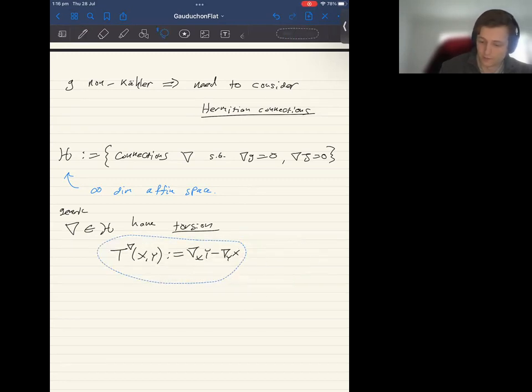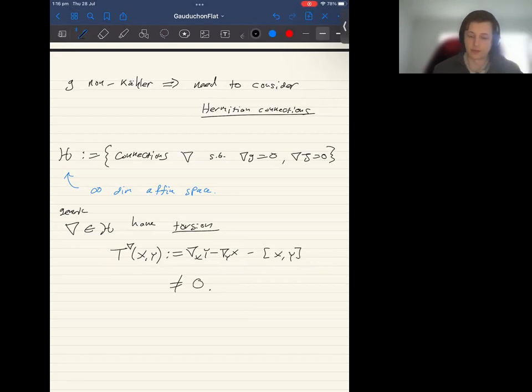So this is the first order invariant of the connection. Okay, and this generally is non-zero for these connections, unless the manifold is Kähler, in which case there's one Hermitian connection with zero torsion. Okay, so we want to broaden ourselves to non-Kähler geometries. We choose a connection in here.